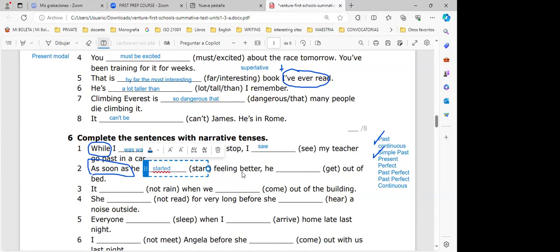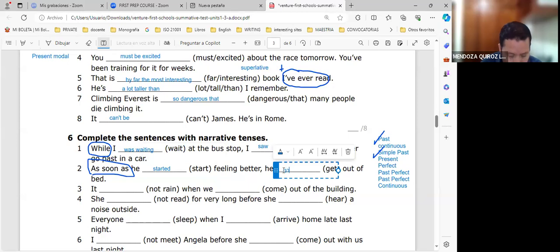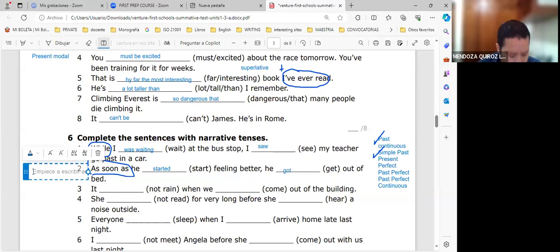For example, he started feeling better and then he got out of the bed. This is sequence only. One activity after the other, both in the past. For example, I can also say after he started feeling better, he got out of bed. One activity followed by another, but both of them are in the past.